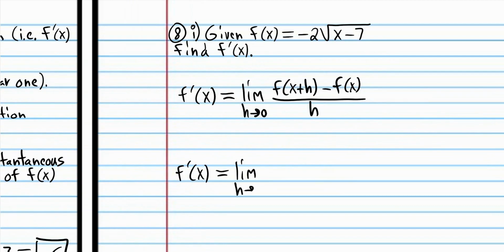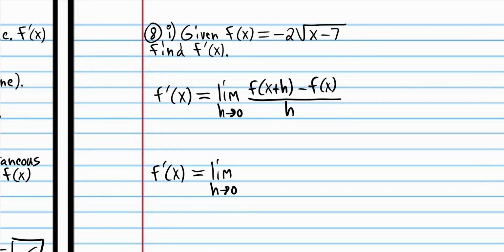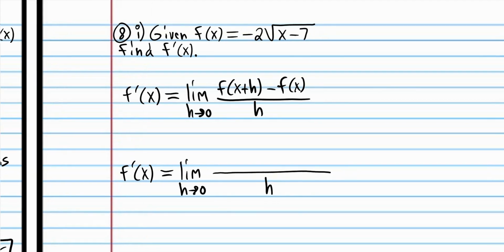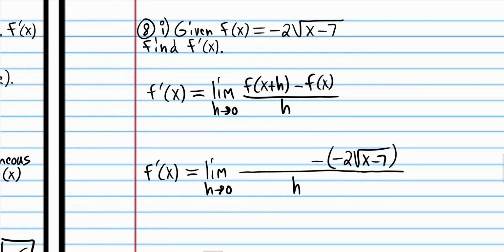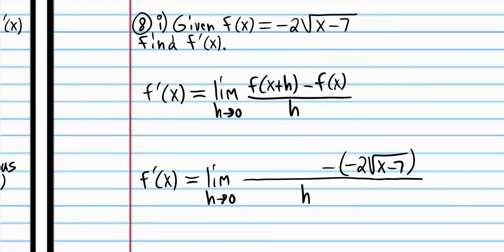So now we're going to find the derivative of this particular function. So let's do the easy parts first. H we just rewrite, and f of x we just rewrite. Alright, so f of x plus h, that's the hard part. Remember, f of x plus h is exactly the same as f of x. No difference whatsoever.